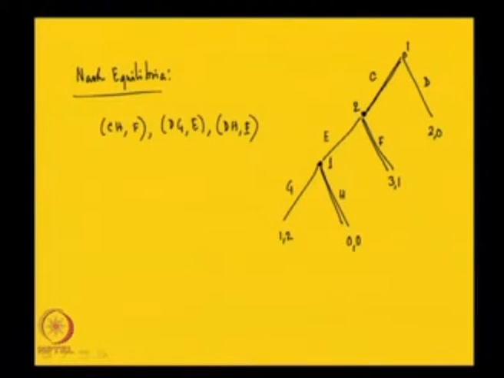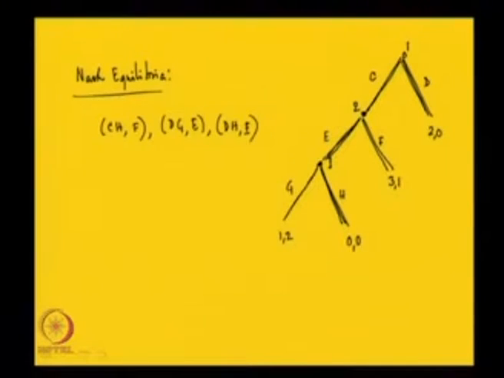D, G, E, and D, H, E. So, these are the three Nash equilibria strategy profiles. Some of them will be subgame perfect, some of them will not be. We have to find out which are subgame perfect equilibria.